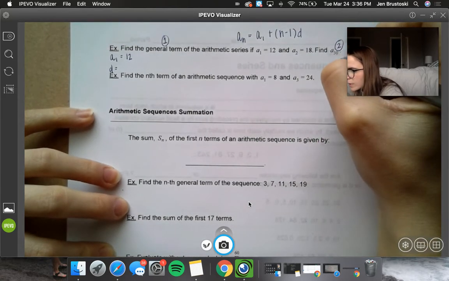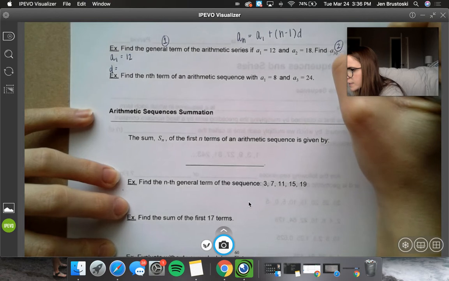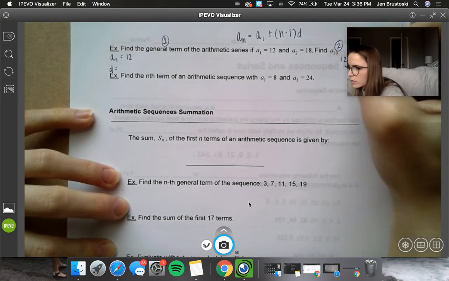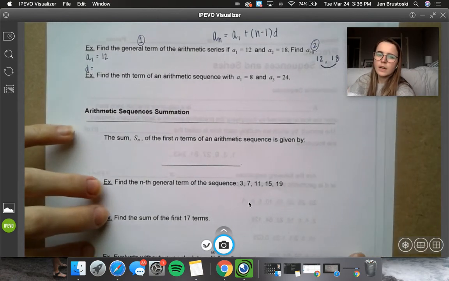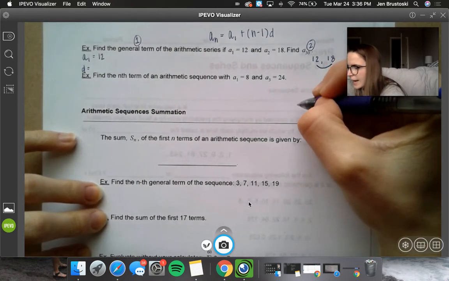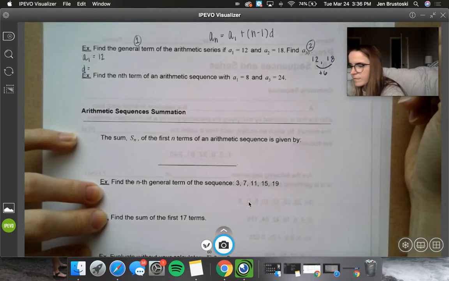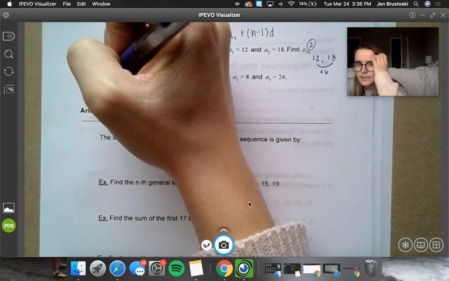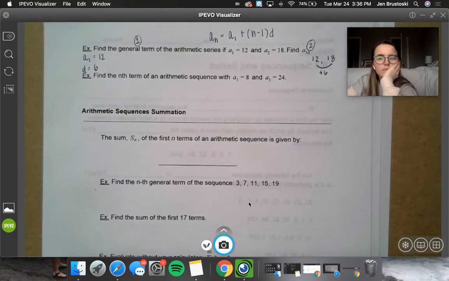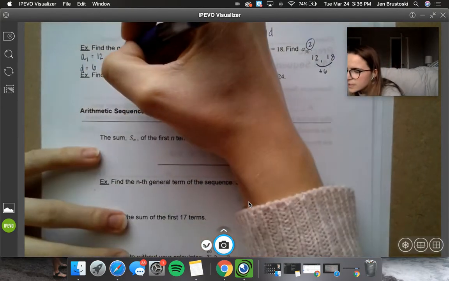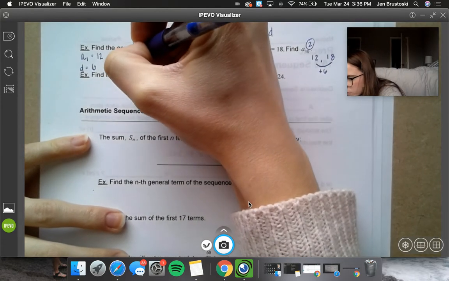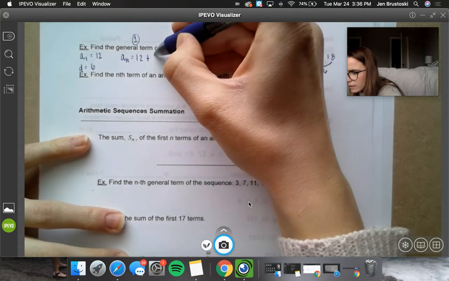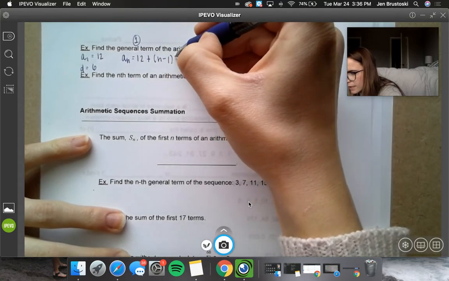So we have to kind of write it out. So we have 12, and then our second term is 18. So we know that the jump from 12 to 18, we are adding 6. So d is equal to 6. Plug that in. So we have a sub n equals 12 plus n minus 1 times 6.